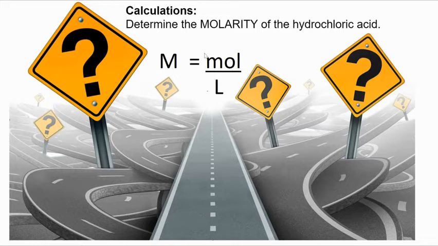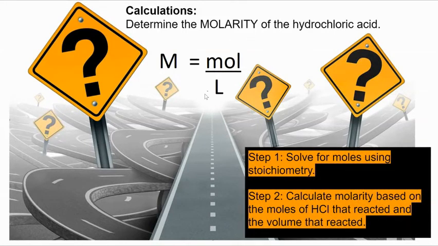Once you know those two things, you can algebraically solve for the molarity. So you should be able to solve for moles using stoichiometry and then calculate the molarity based on the moles of hydrochloric acid that reacted and the volume that reacted.